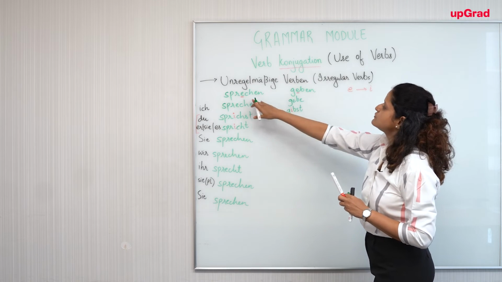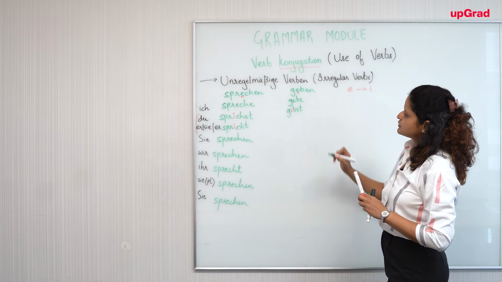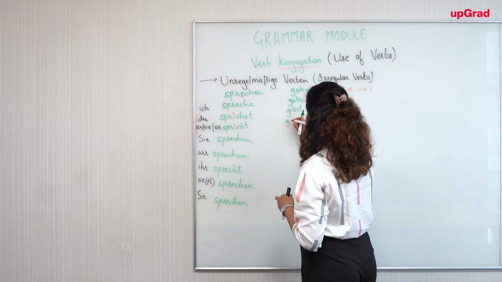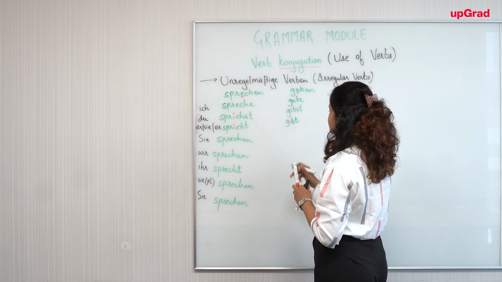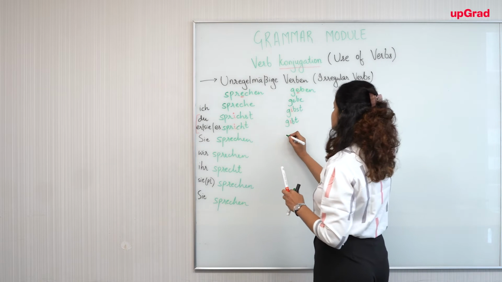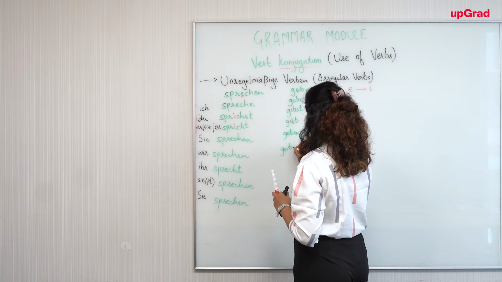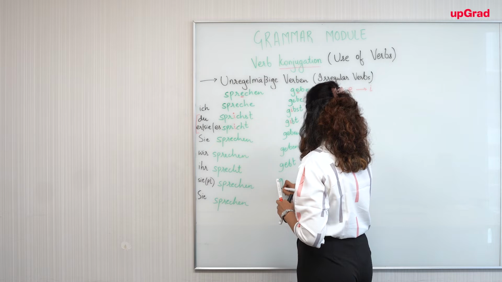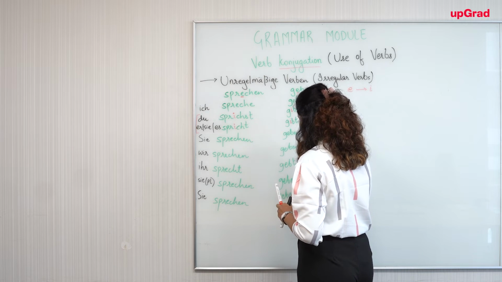It just needs to change to I wherever it is placed. So du conjugation becomes gibst. Er sie es becomes gibt. The rest of the conjugation, there is no change. So sie geben, wir geben, ihr gebt, sie geben, and sie geben.